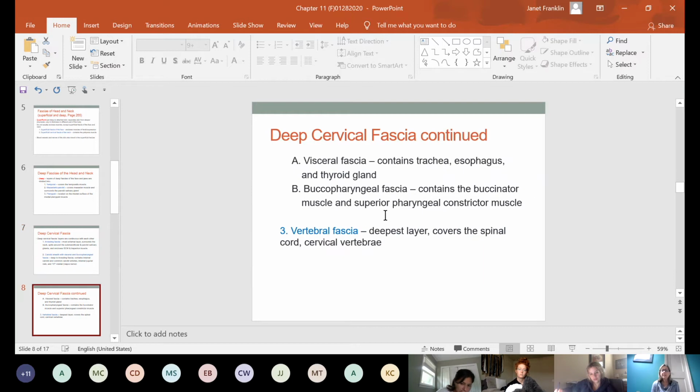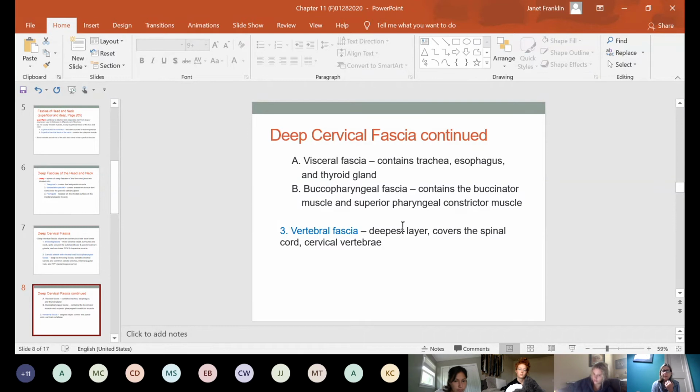Your visceral fascia contains your trachea, your esophagus, and your thyroid gland. And your buccopharyngeal fascia contains your buccinator muscle and superficial pharyngeal constrictor muscles. This name, buccopharyngeal, should give you an idea: buccinator, pharyngeal constrictor. It sounds just like what it does.